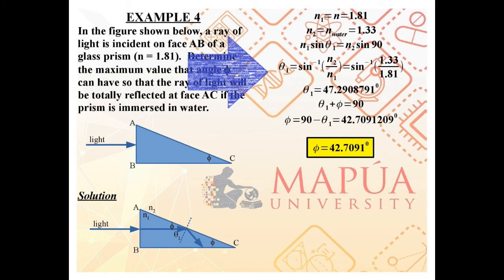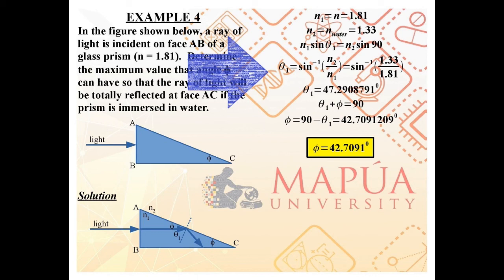So first, we apply Snell's law, the law of refraction rather. N1 sine theta 1 is equal to N2 sine theta 2.